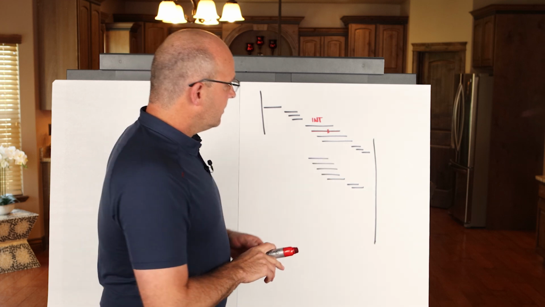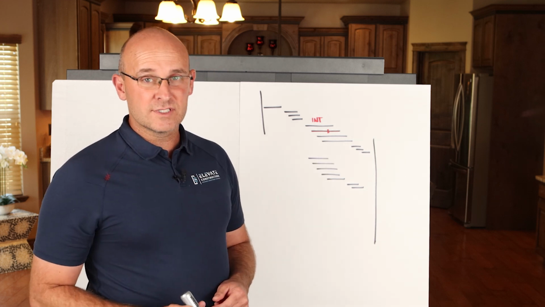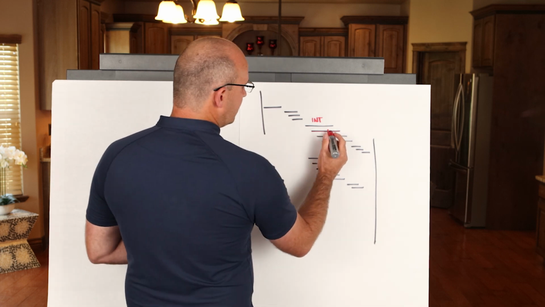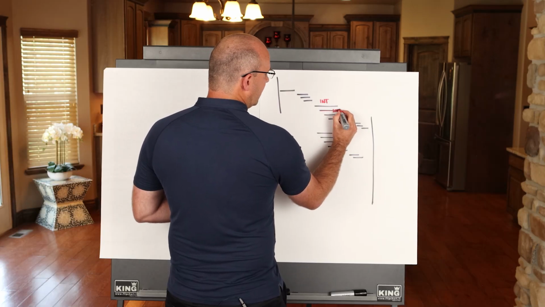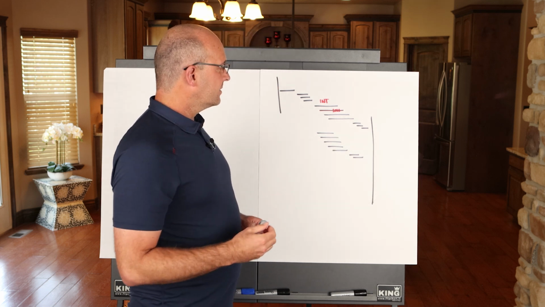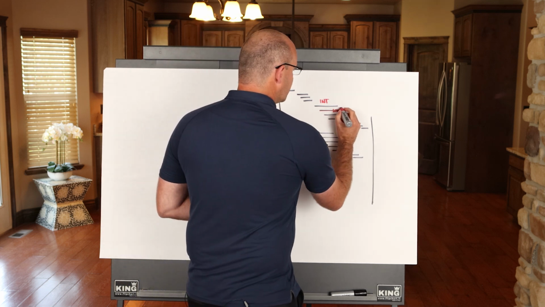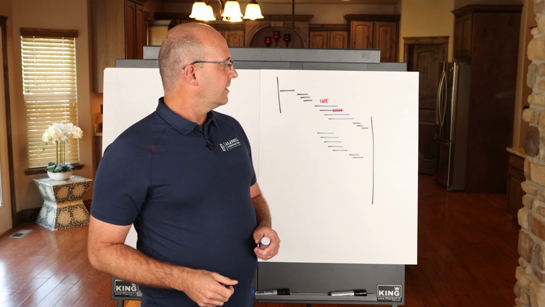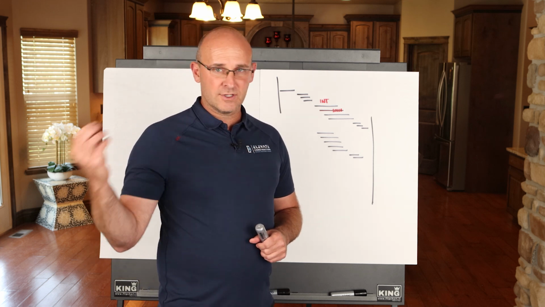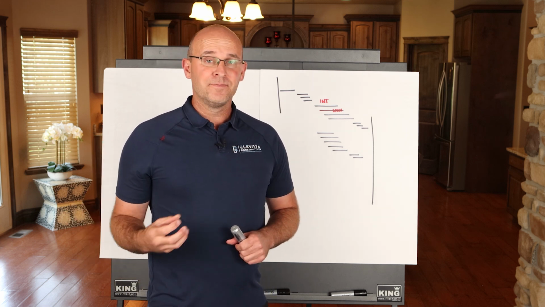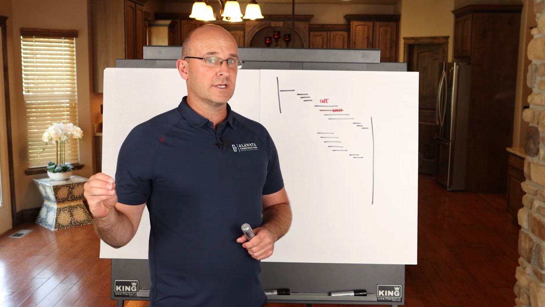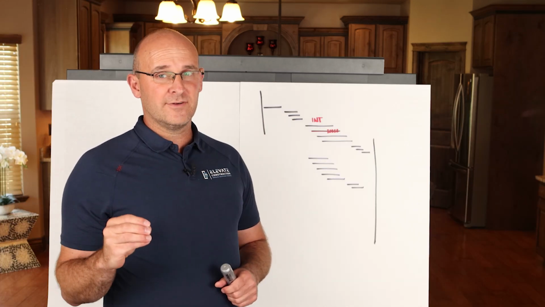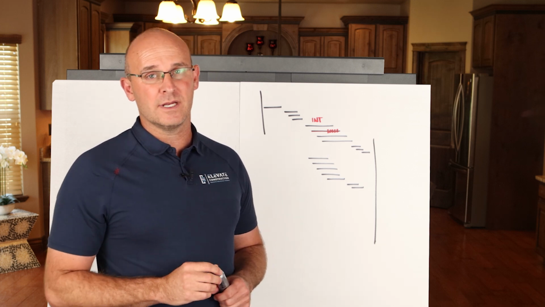So I will put in the actual sequence here the time when we do dry side, wet side, connect power, connect controls, and then do the pre-functional checklist, and then what's called point to point. This is where the controls professionals are making sure that the controls cabling and the overall system, your building management system, everything is talking to the individual pieces of equipment and everything is landed properly on the equipment.